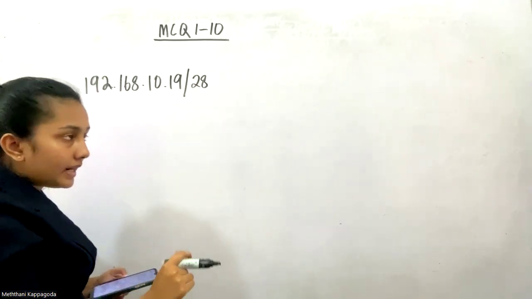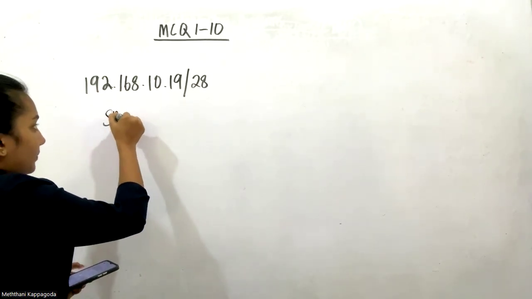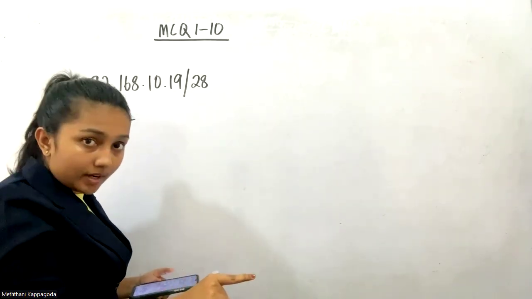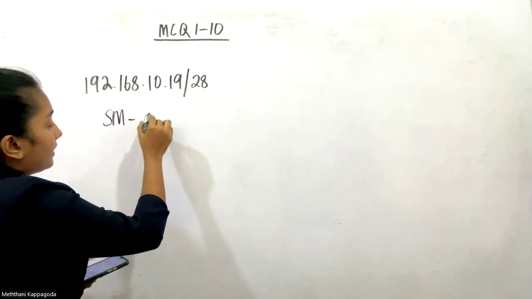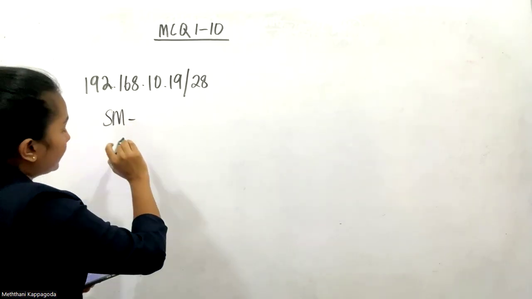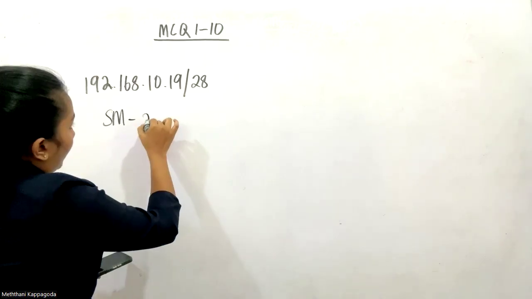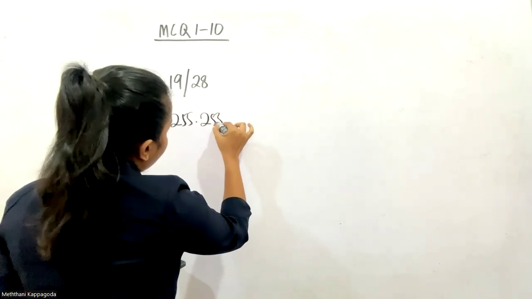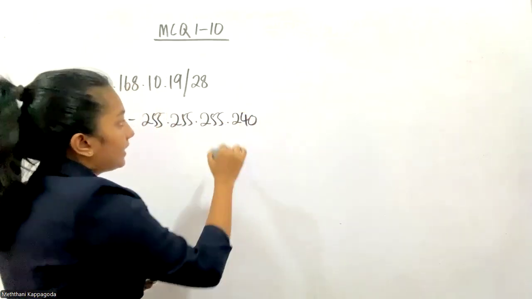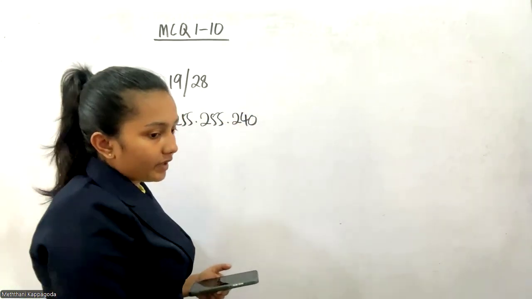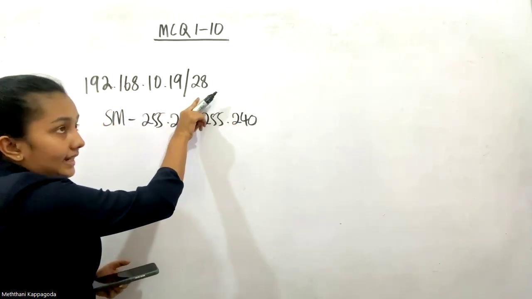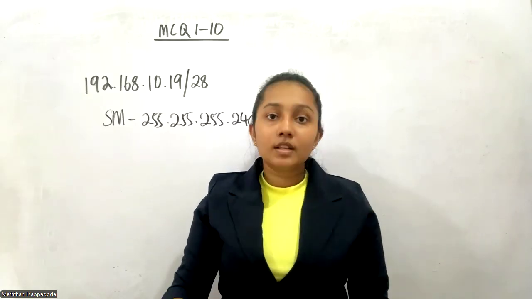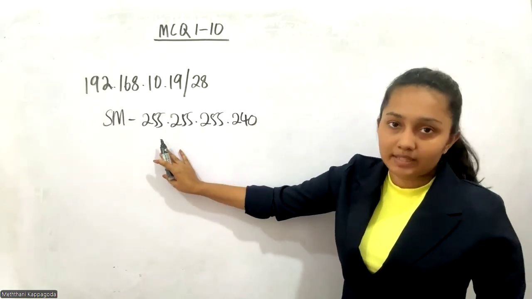It means there are 28 network bits, so the subnet mask is 255.255.255.240. This is the subnet mask given in the question because 28 means there are 28 network bits in the subnet mask.